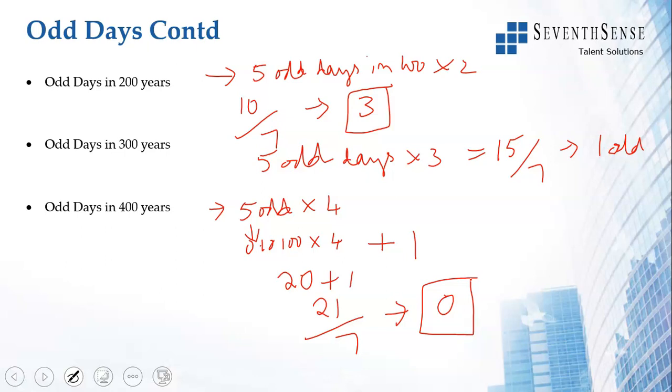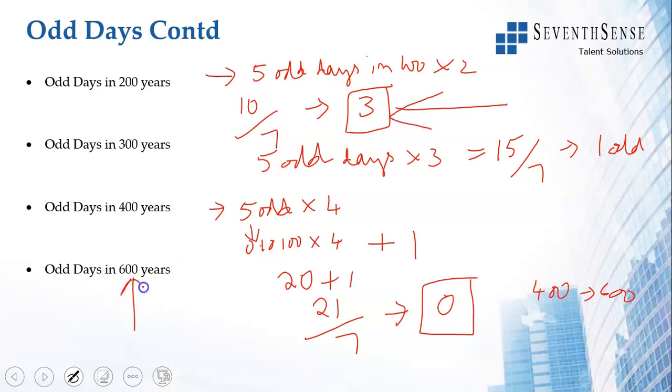Reminder of the key points. 100 years have 5 odd days. 200 years have 3 odd days. 300 years have 1 odd day. And 400 years have 0 odd days. Odd days in 600, same thing. So 400 years have 0 odd days, right? So from 400 to 600, we have 200 years. 200 years, you know the answer is 3.